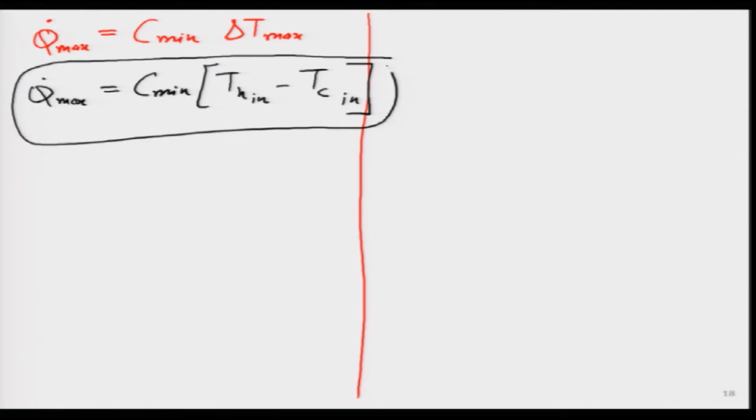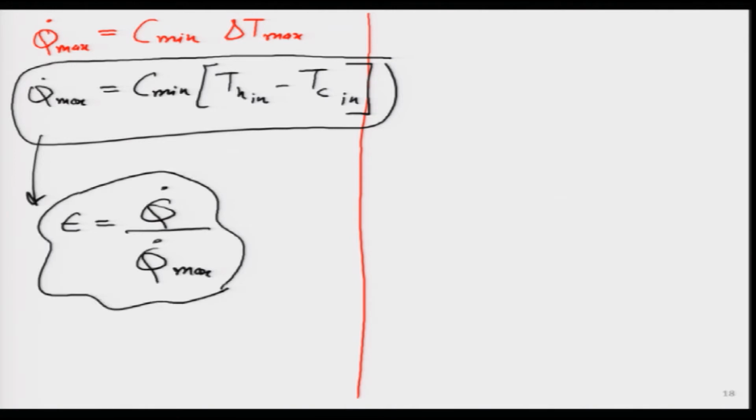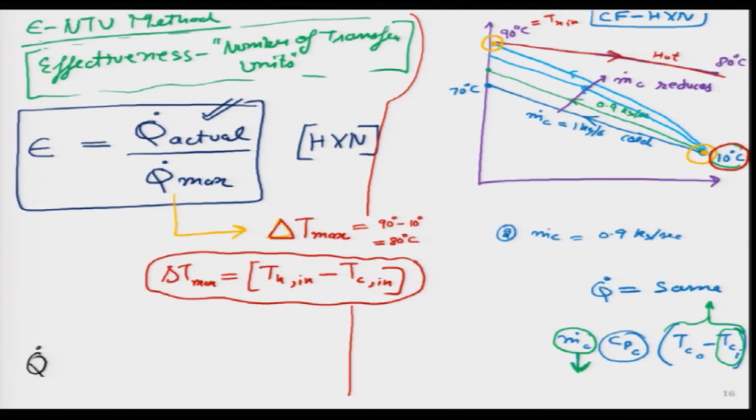Why am I doing all this exercise, long equation? I just want to figure out the expression for epsilon. You remember, this was my objective. Now, I have figured out what is the denominator. Now, let me try and see, is there a way I can get an expression out of it? Why am I doing all these calculations? Ultimately, remember, this method name is the epsilon NTU method.